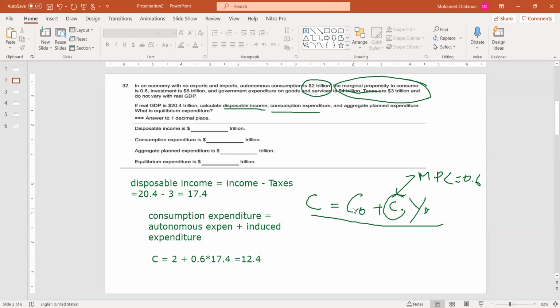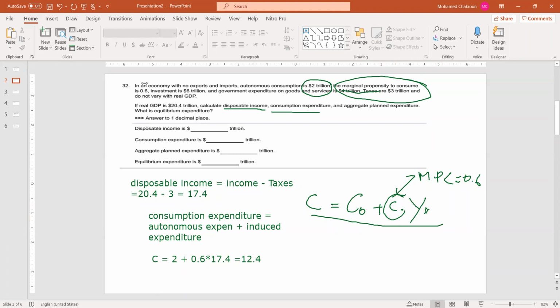Consumption has two parts, an autonomous part, C0, and an induced part. But in the induced part, we don't have real GDP, we have disposable income. Consumption depends on disposable income, not on real GDP.